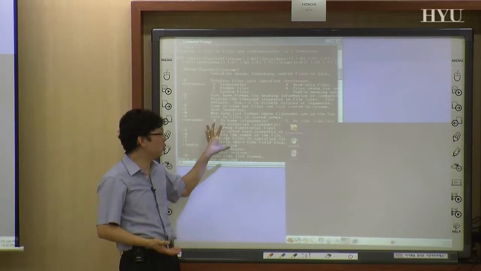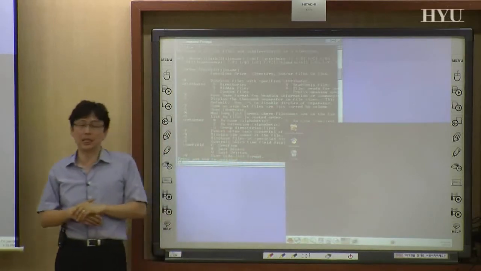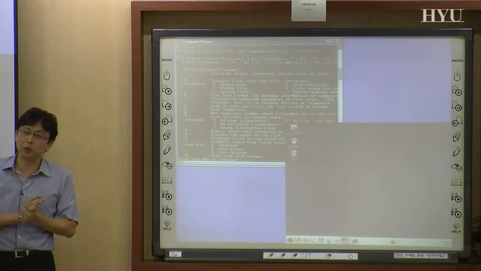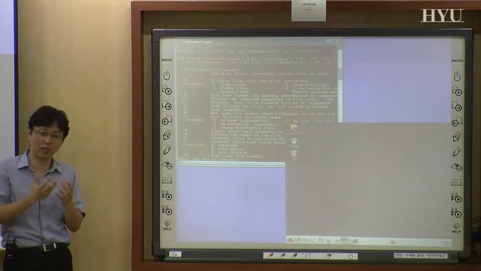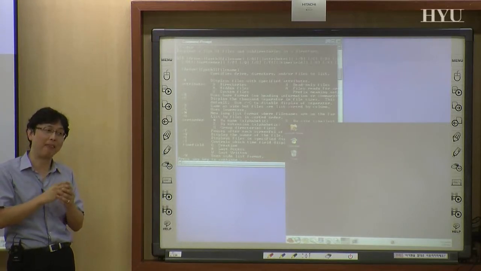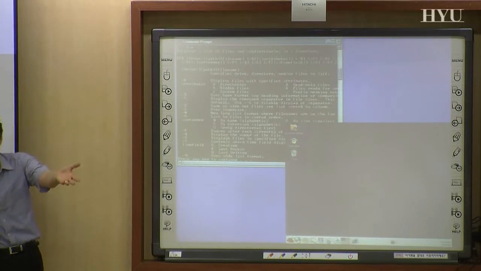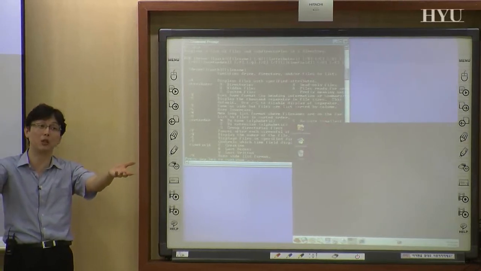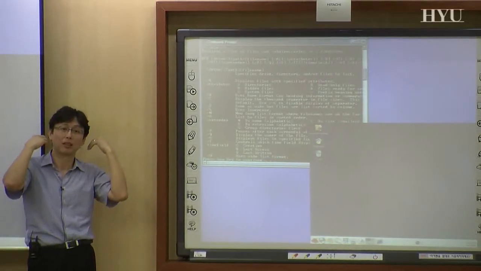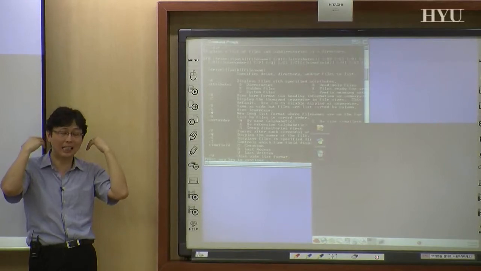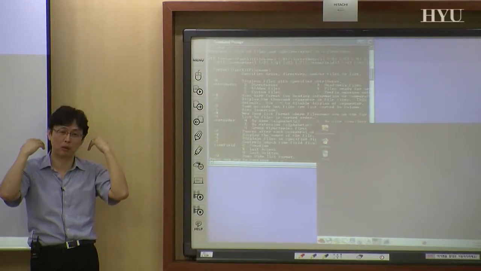The reason why the Unix system is difficult is that you have to remember the command syntax. It goes into your long-term memory, and when you need to use it, you have to retrieve it. That is called, in technical terms, recall.